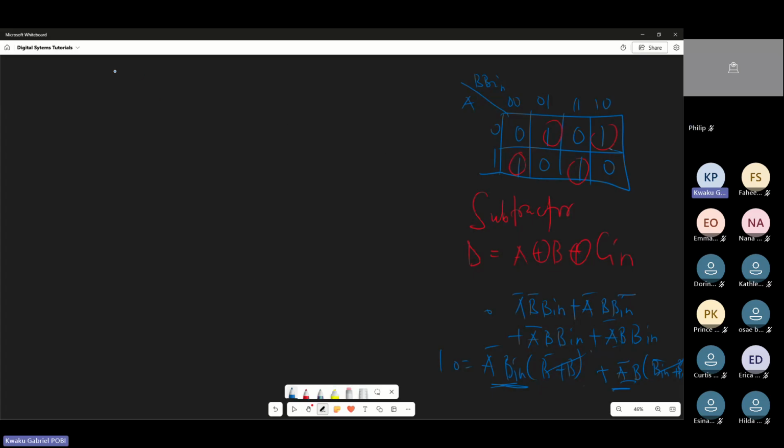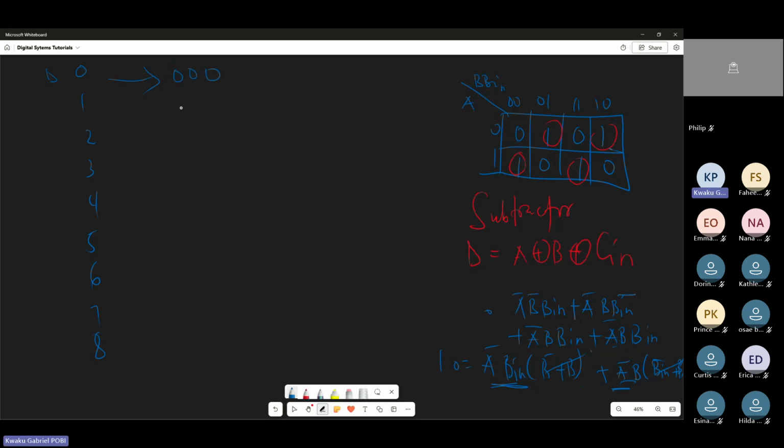So let's say you have 0, 1, 2, 3, 4, 5, 6, 7, 8, like this. And then you want to change this to gray code. This decimal. So maybe BCD is binary to decimal converter, basically.